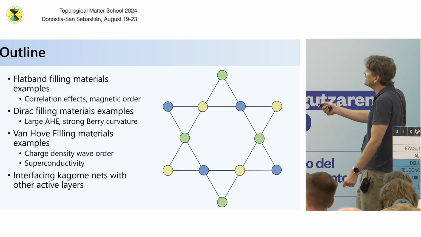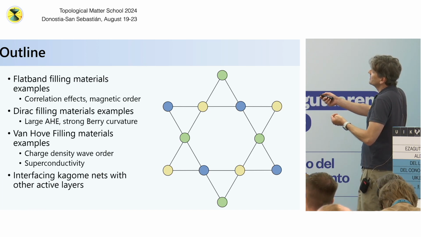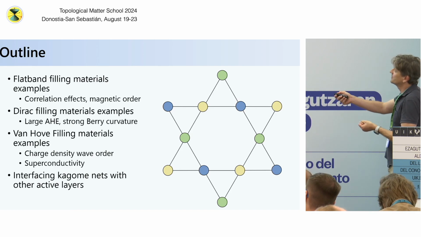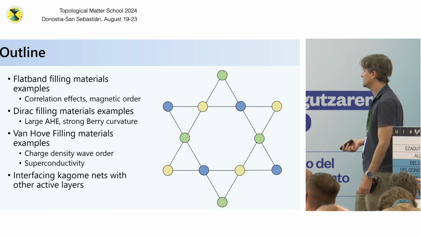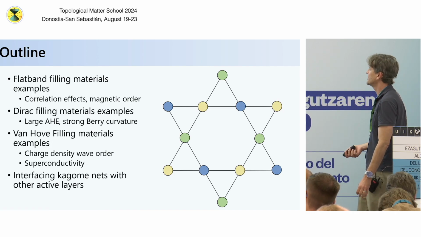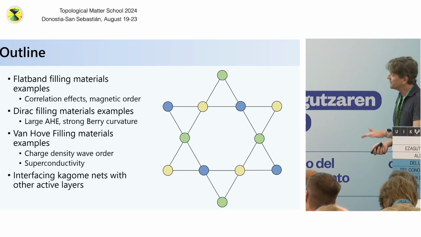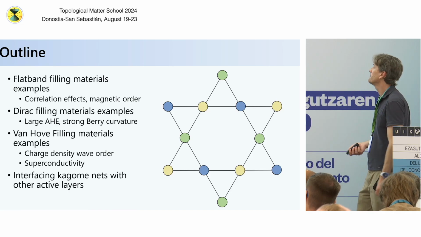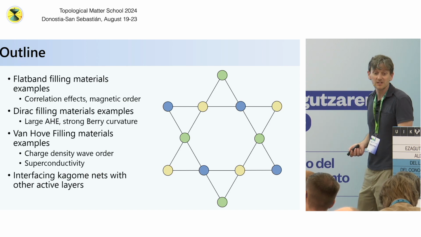The second class, maybe more trivially, is systems with a large anomalous Hall effect due to gapped Dirac points in the Kagome band structure and the strong Berry curvature associated with that. The third class is systems where the filling is near the Van Hove filling, and the symmetry breaking that occurs in some examples of materials.